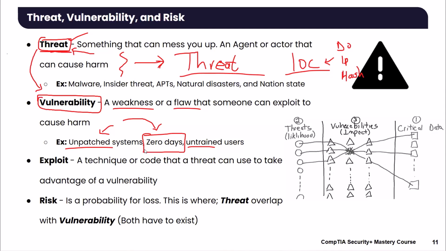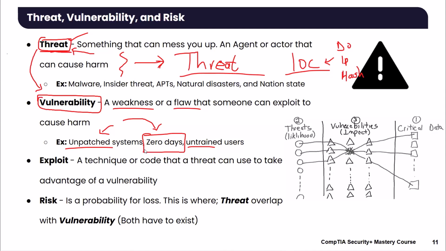A 0 day is any weakness that doesn't have a fix, right? Even if we know that vulnerability is there, if we don't have a fix for it, it's still a 0 day. Would it also be if it's not exploited? Well, if it's not exploited and we know it exists, yes, it's still a 0 day.